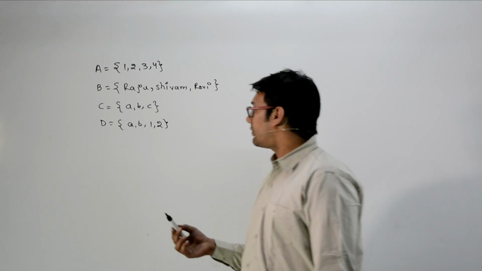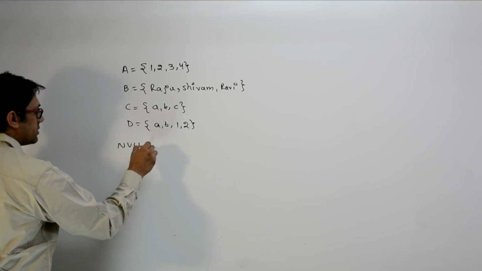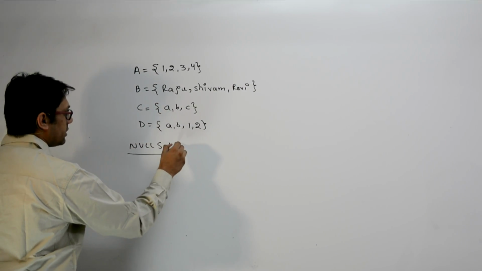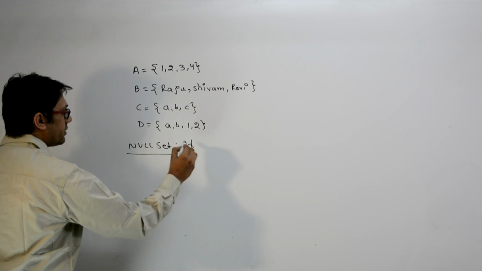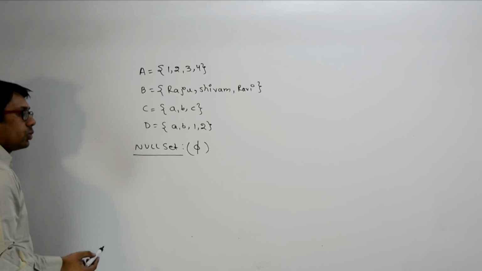So the next definition is a null set. A null set is generally denoted by phi. So what is a null set? It is a set which contains no elements.